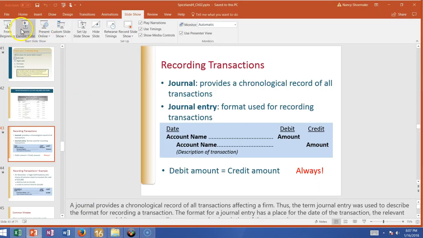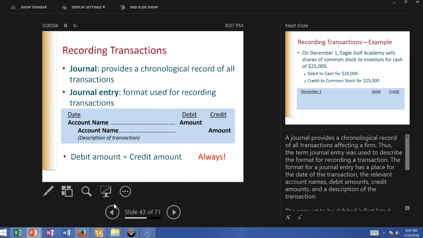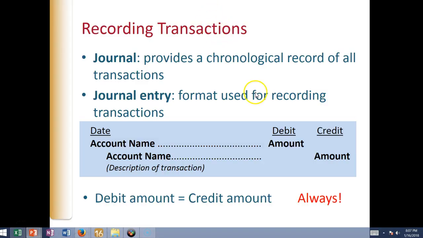So now, we are going to talk about how we go about recording these journal entries. By recording transactions, we use a journal.